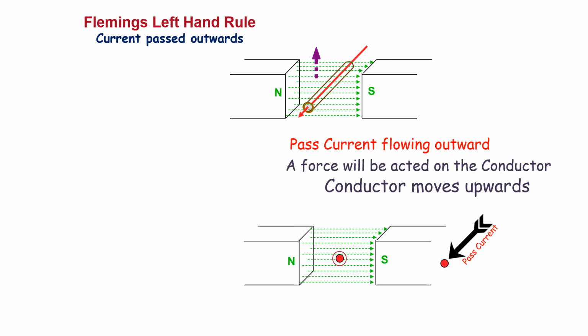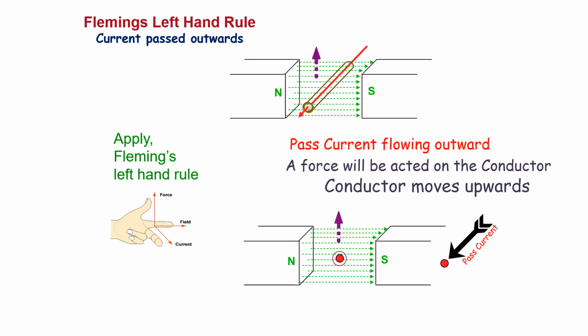So the dot indicates the current coming out. Apply the Fleming's left hand rule. Again, first finger in the field direction, the second finger outwards in the current direction. The thumb shows the force direction. Because of this force, the conductor moves upwards.